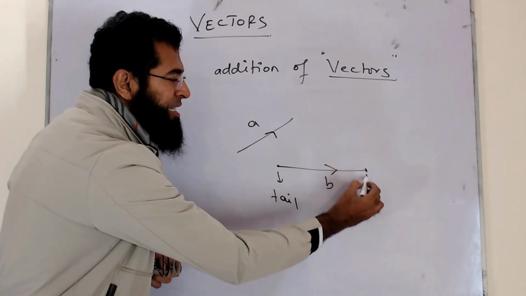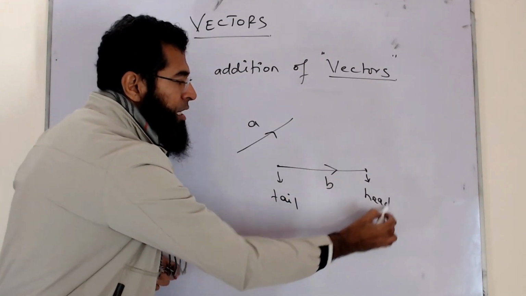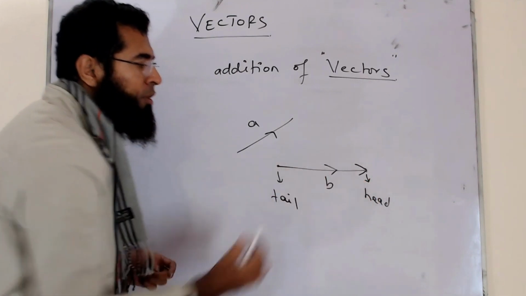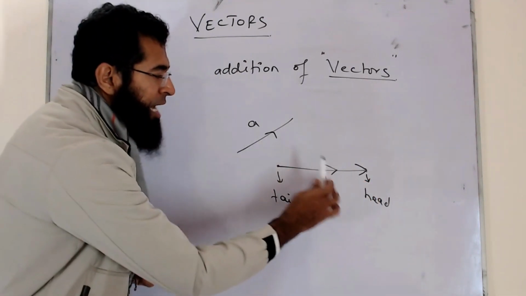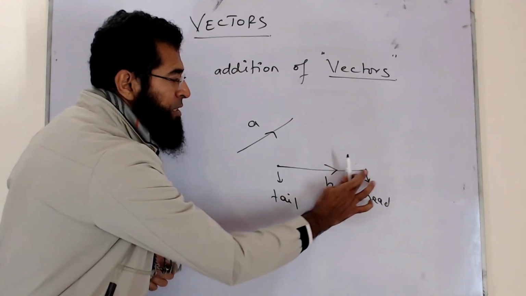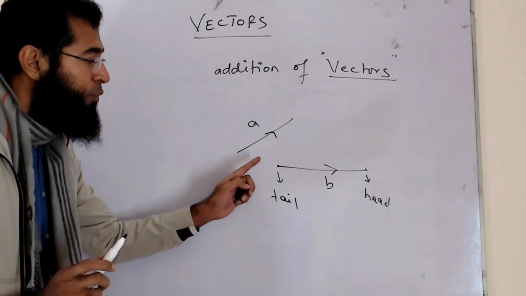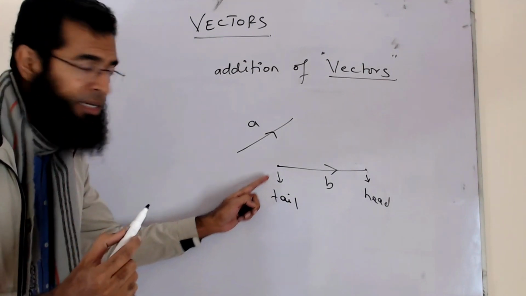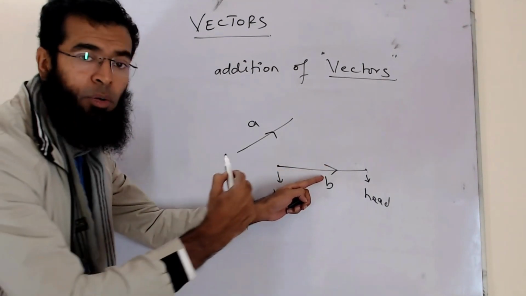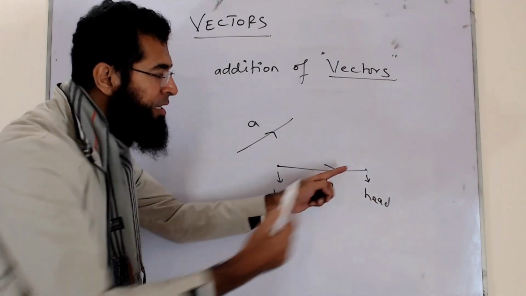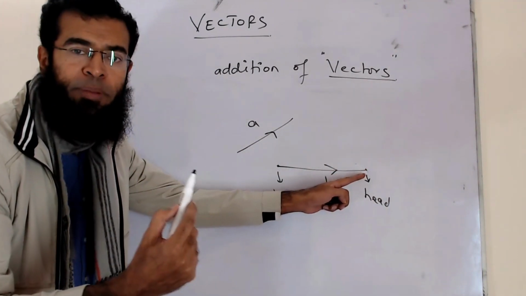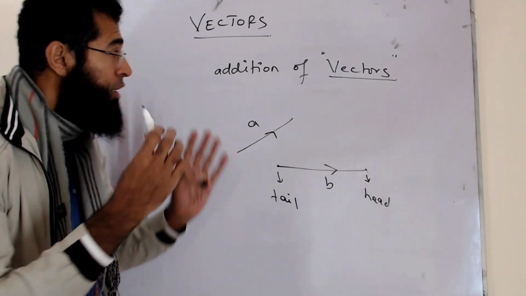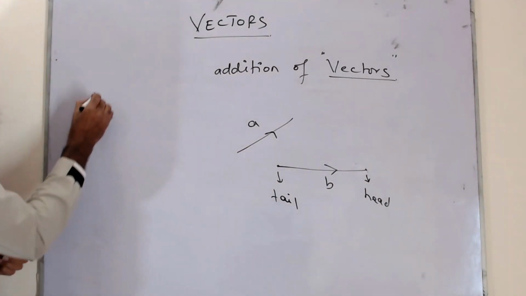So basically, this is the head of the vector. I could have drawn the arrow at either end, but that is how arrows are drawn. We need to understand the starting point is always considered the tail of the vector, and the other end is considered the head of the vector, right? So again, the rule is the head to tail rule.